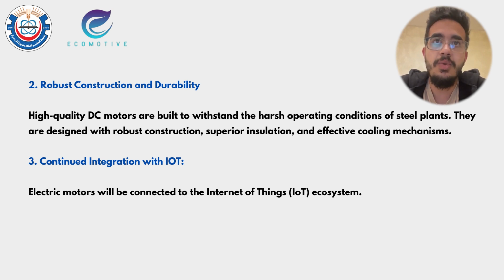They are designed with robust construction, superior insulation, and effective cooling mechanisms. But how does this robust construction and durability work exactly? It ensures that the motors can handle high temperature, heavy loads, and continuous operation without compromising performance or efficiency.